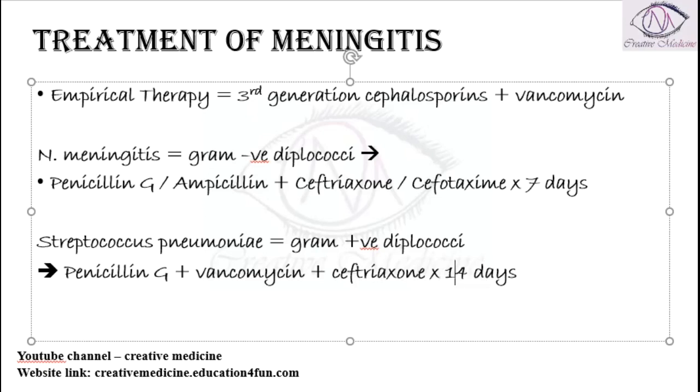Okay, so penicillin G, vancomycin and ceftriaxone is given for 14 days in streptococcal pneumonia causing meningitis.